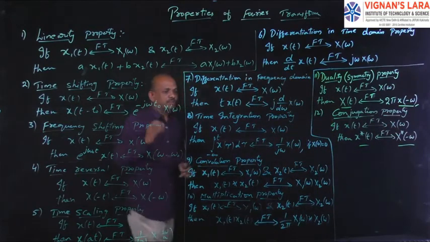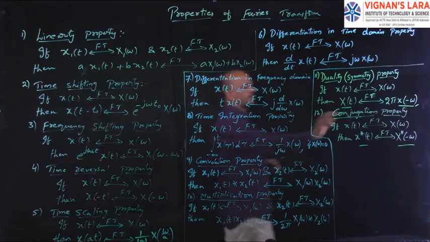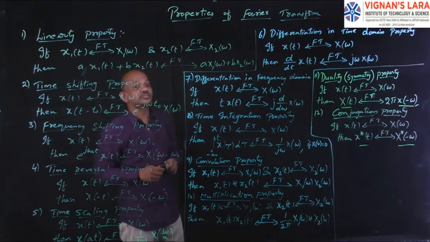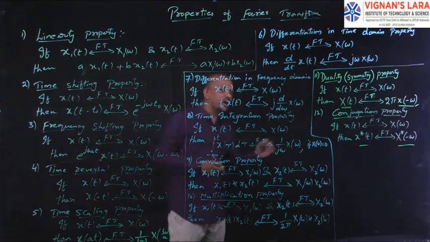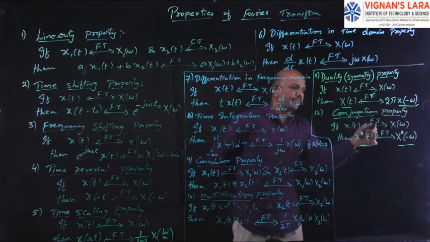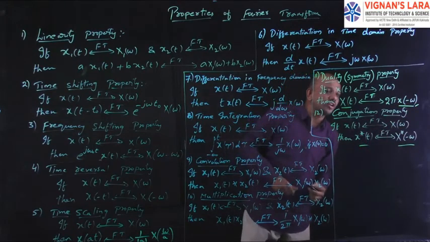So in the conjugate property, if x of t has a Fourier transform X of omega, then x star of t will have a Fourier transform X star of minus omega. If you want to read it perfectly: if small x of t has a Fourier transform capital X of omega, then small x star of t has a Fourier transform capital X star of minus omega.